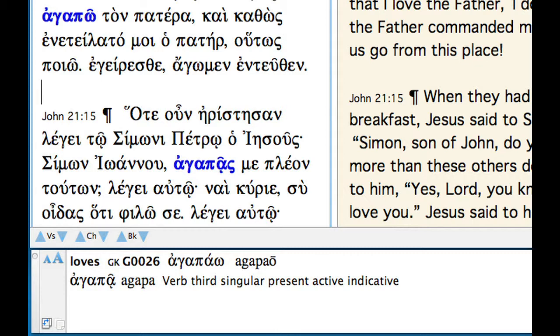Transliterated, agapa, it's a verb, it's third singular, present active indicative. The more I think about this, the more I would really encourage you all, even at the Greek primer level, to have purchased the GNT text. This is just a lot of information that will help you get into better Bible resources.